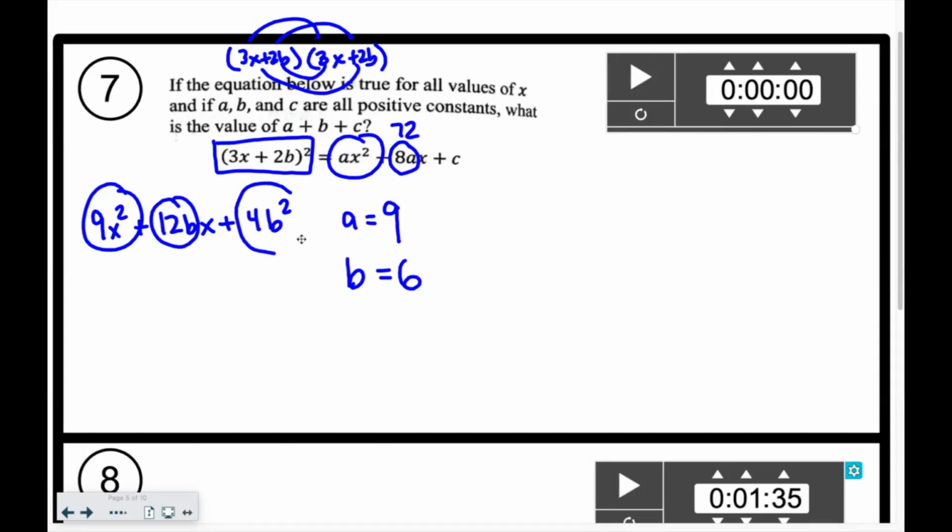And then this is the constant at the end. They have to be the same. Well, C would have to be this 4b squared, but I now know B is 6. And 6 squared is 36 times 4 is 144. So C is 144. And then it just wants me to add those together. So that's 159.